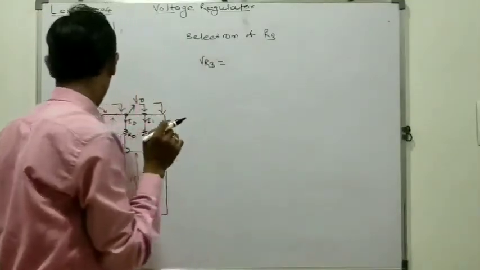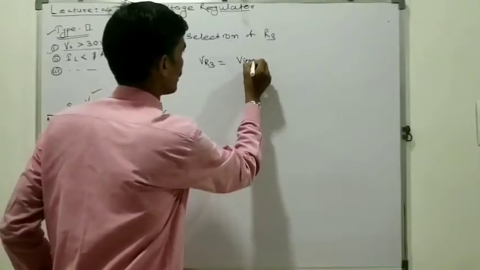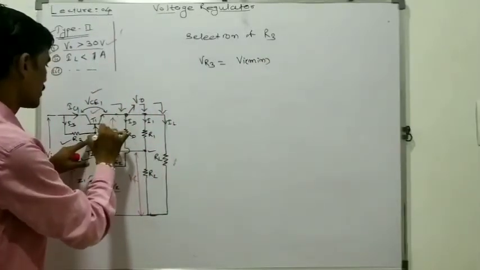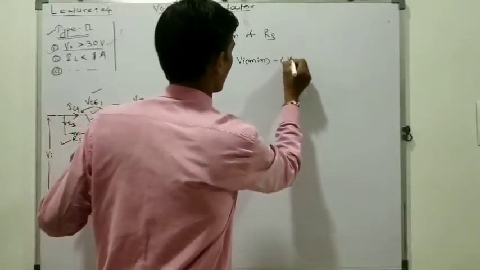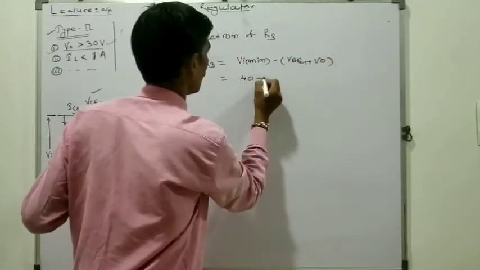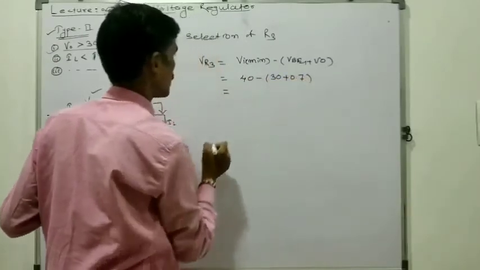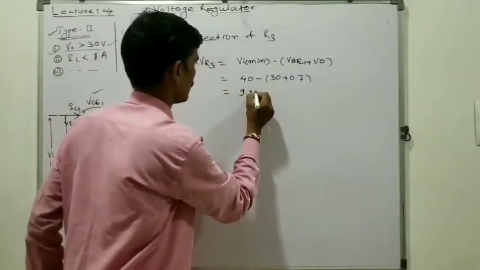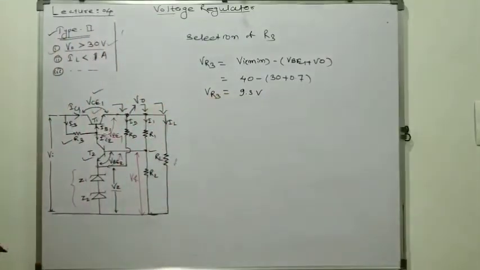While calculating R3, we are considering the lower value, so VI minimum, minus the voltage available at this point, which is the addition of VBE1 plus VO. So it is 40 minus 30 plus 0.7, which is 9.3 volt. This is the voltage available across R3.